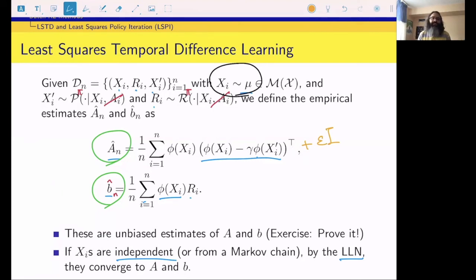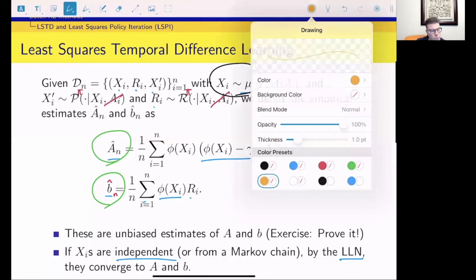But at the beginning, if you have only, say, 10 data points, then it wouldn't be invertible. So usually people add some term like this to numerically stabilize it. Okay. So that's the idea.